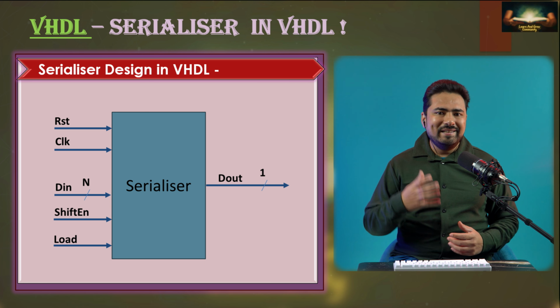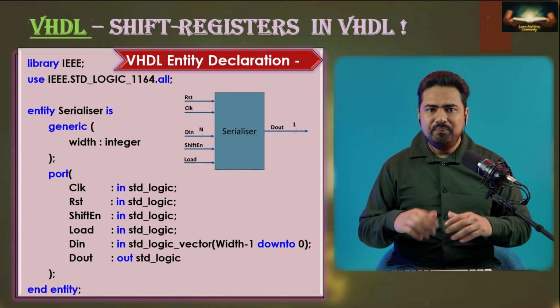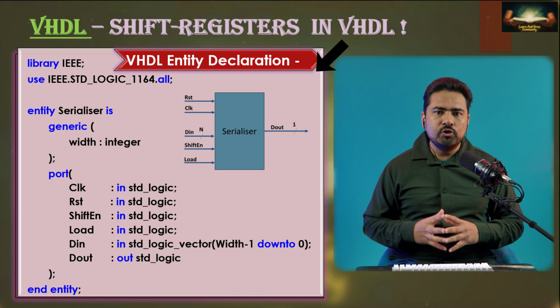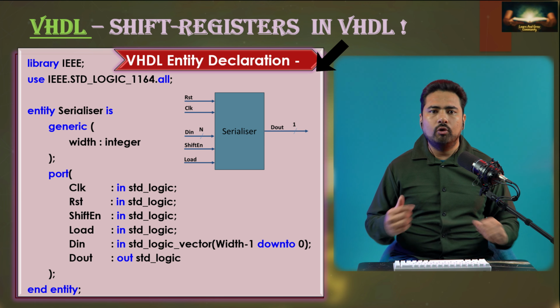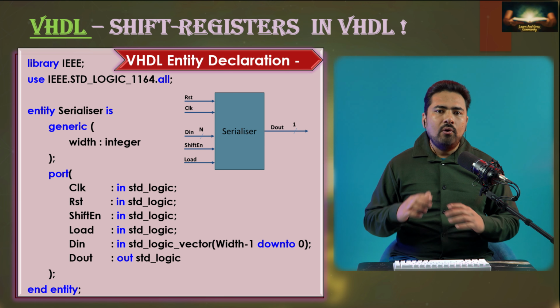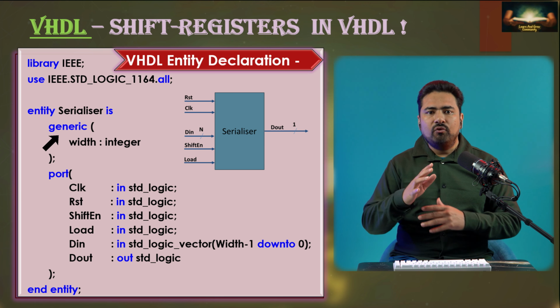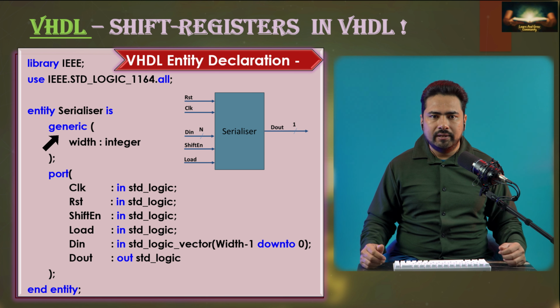So let's code this in the next slide. This section is the library declaration and entity declaration of our module. As I said, we will be using generic for flexible length of our input signal.